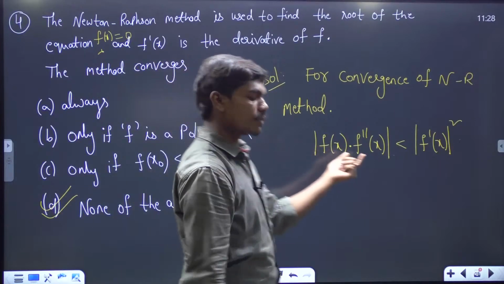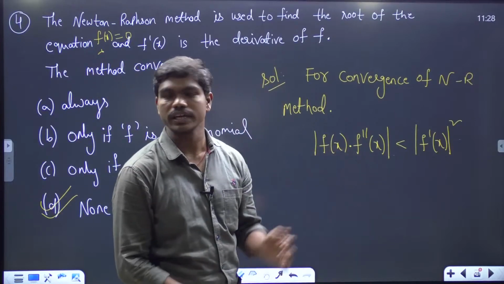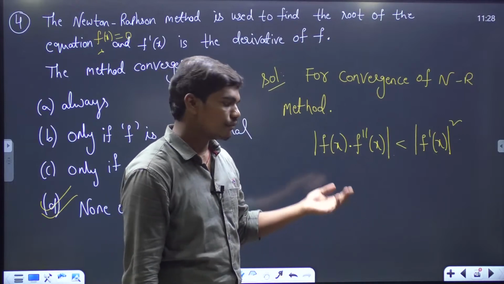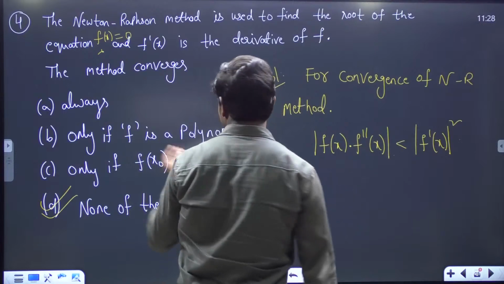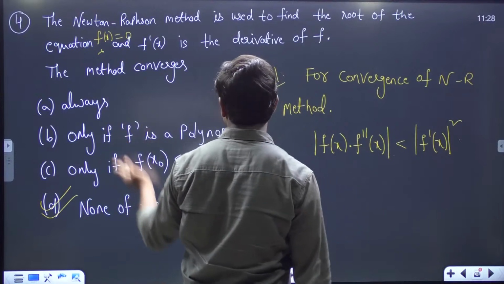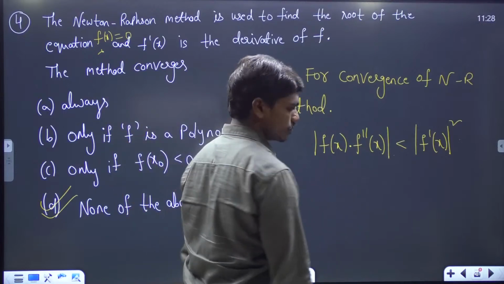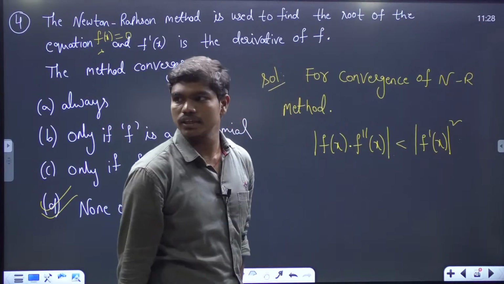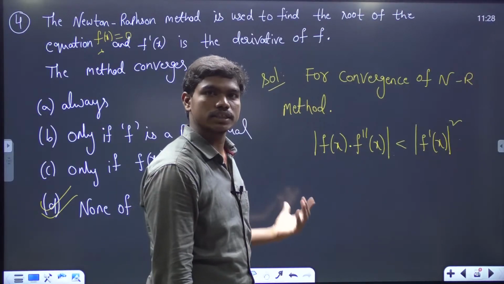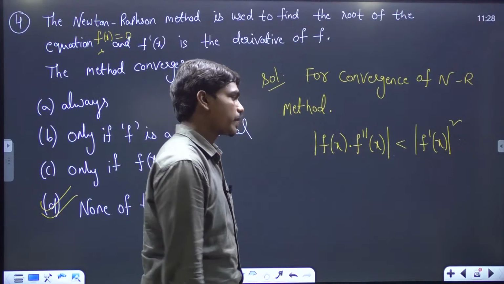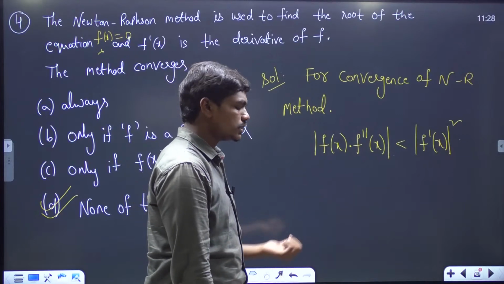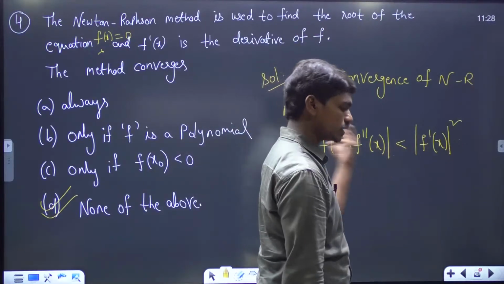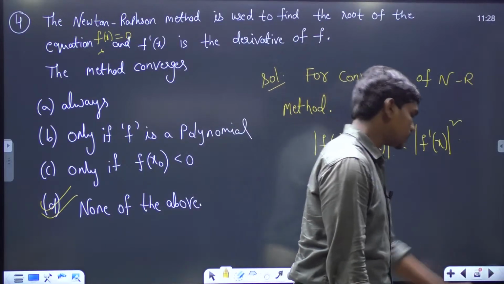And f of x need not be a polynomial, because we use the Newton-Raphson method even for transcendental equations, correct? We use trigonometric ratios like sin x, cos x and all. So these three need not be mandatory all the time. f of x naught can be less than 0, I mean, it can be greater than 0 as well, no problem. So the answer is none of the above, because this condition is not present in any of these first three options.